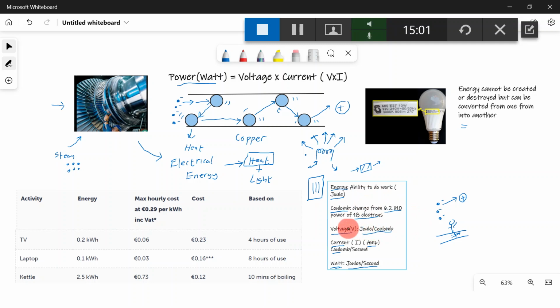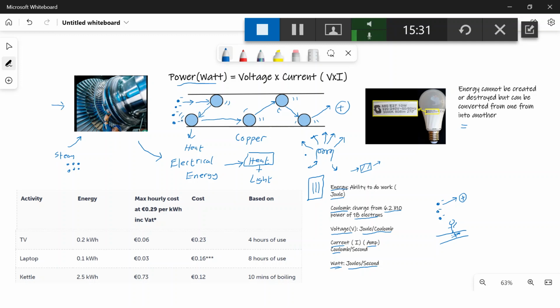Voltage then is joules per coulomb. So for example, when these electrons are moving, the higher the voltage, that means the more energy those electrons have. If we have electrons moving in here with really high energy, and they hit these atoms much harder, it's going to cause them to vibrate even more, and it's going to make even more heat energy.